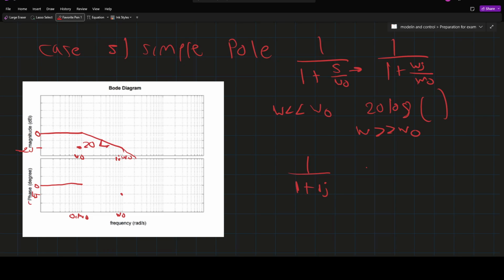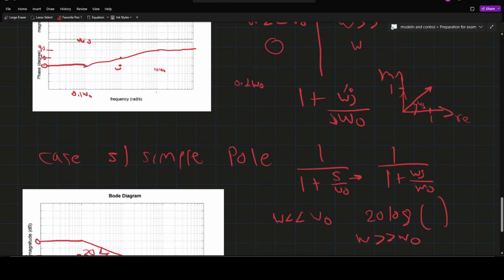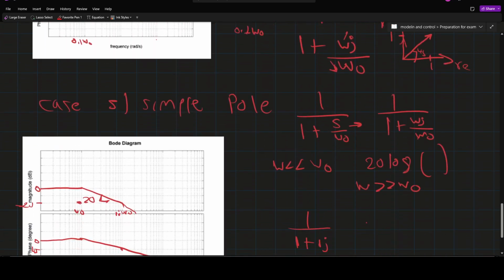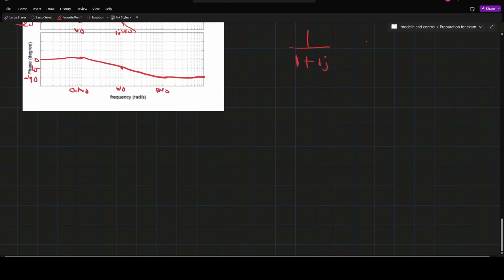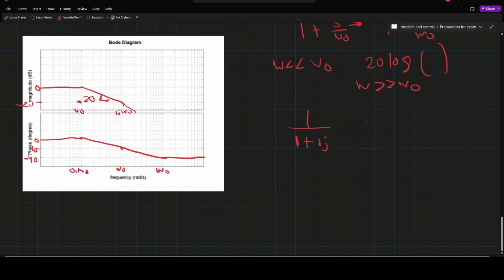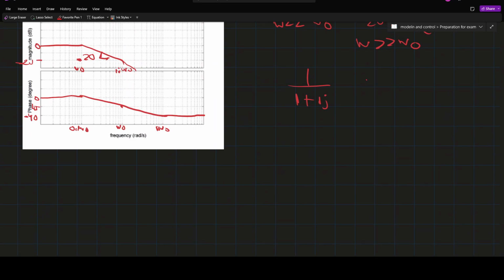So we are going to have minus 90 degrees when omega is a lot bigger than omega naught, and it's just going to stay like that. So those are the 5 most common cases, and from that you just combine them to make bigger examples.